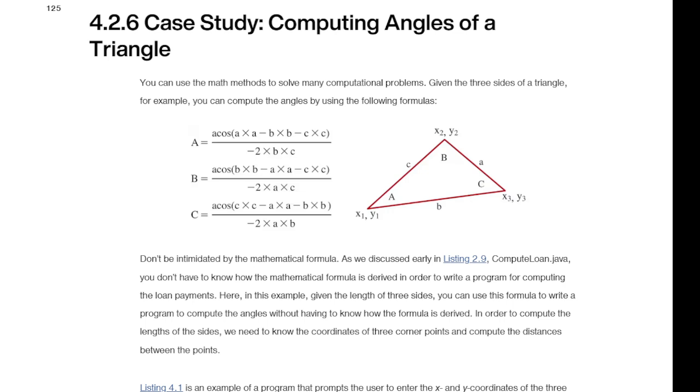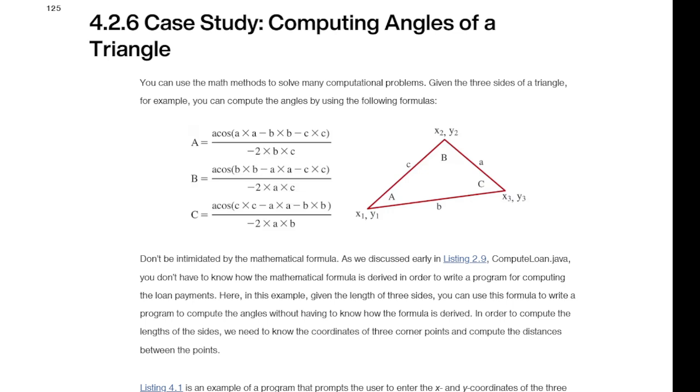If I square the side A, and I subtract from it the square of side C and the square of side B, and divide this by -2 times B times C, I get the arc cosine, it gives me the angle A.